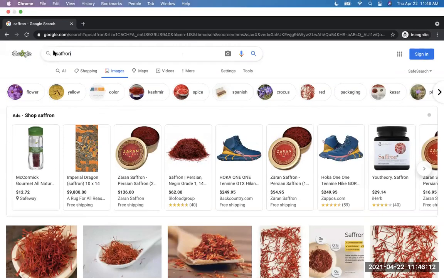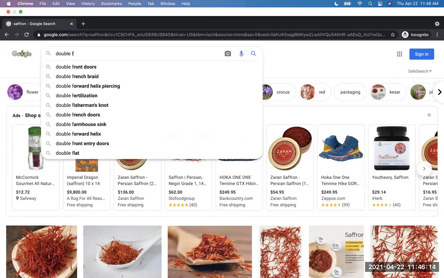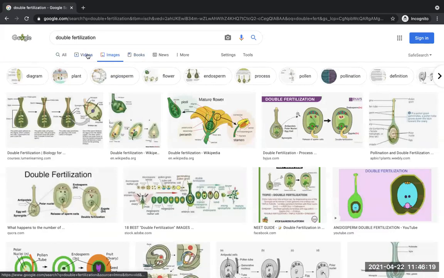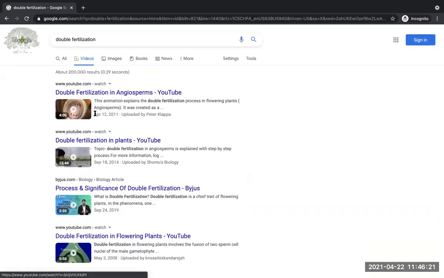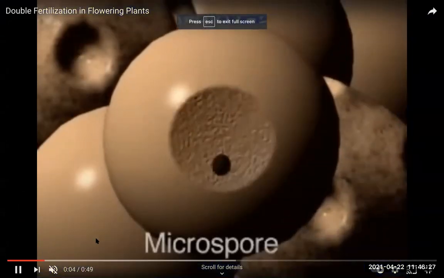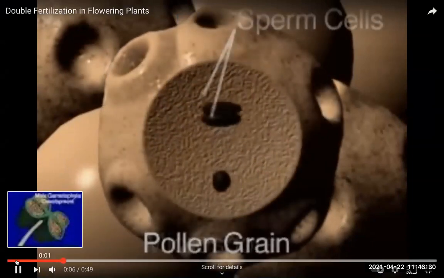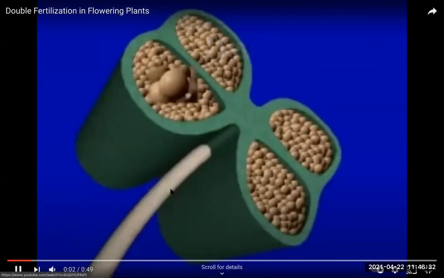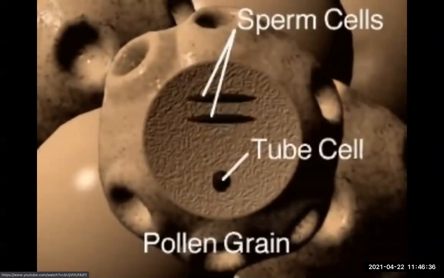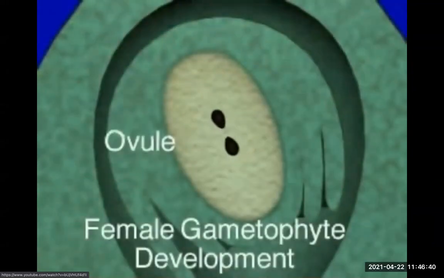Double fertilization involves the fusion of two sperm cell nuclei of the male gametophyte with two cell nuclei of the female gametophyte.